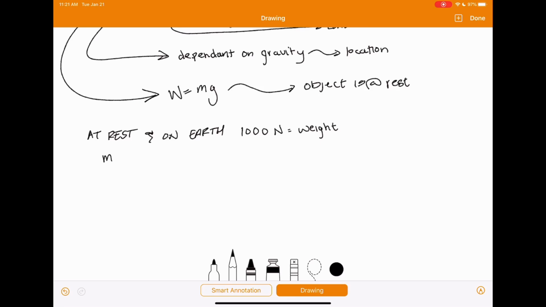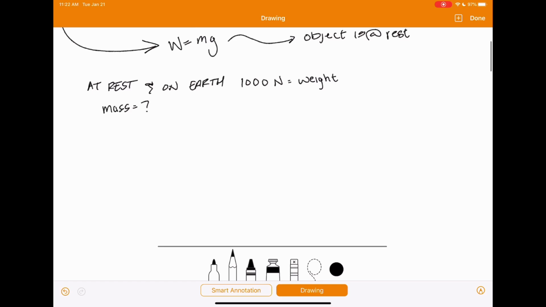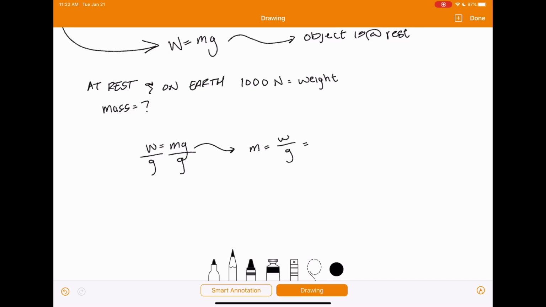What would their mass be? All right, so we're just going to use our equation, W equals mg, and solve for mass. So we're going to divide both sides by g. So mass equals weight divided by gravity. Our weight is 1,000 newtons, and gravity on Earth is 9.81 meters per second squared.